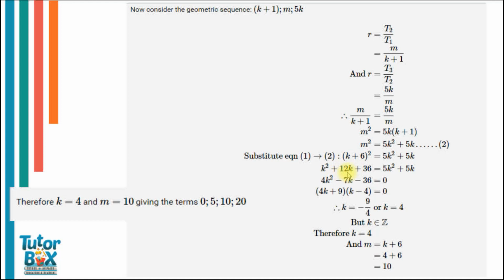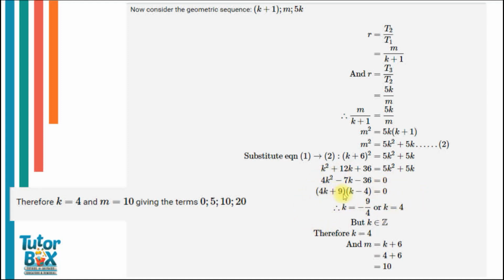Then I have 12k and here I have plus 5k. If I take this plus 12k to the other side, I get 5k minus 12k, I get minus 7k. And then this 36 will also move to the other side, becomes minus 36, and then I get this equal to 0, right?